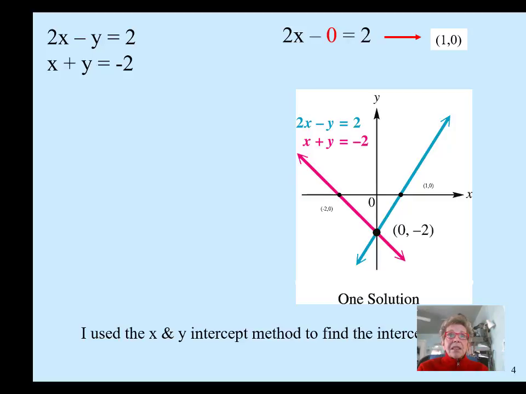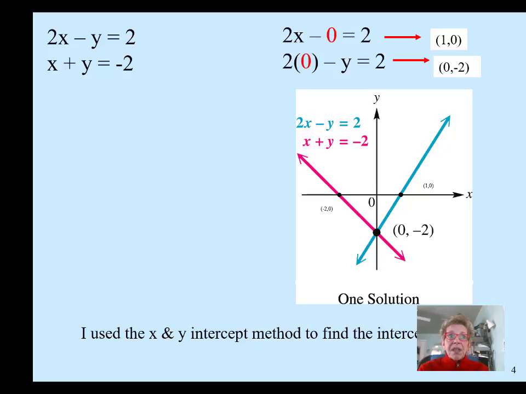That gives me the x-intercept of (1, 0), and as you can see, I plotted that on the graph. Next, I'm going to find the y-intercept with that equation and put 0 in for x. That gives me the point (0, -2). Please review this technique if you're not familiar. So now I have 2 points, (1, 0) and (0, -2), on the blue line.